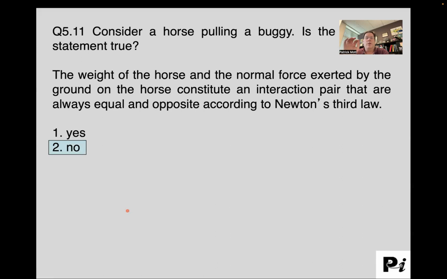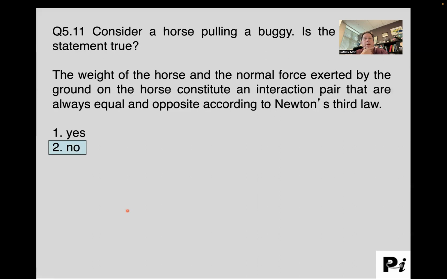They cannot be equal and opposite because I have, in fact, three different objects interacting. I have the Earth as a total exerting a force of gravity on the horse. So it's two objects, horse, Earth, and then I have the ground and the horse. So that's the horse again, and then the ground. I'm not going to have an interaction pair of forces that are always equal and opposite out of these three interacting objects.